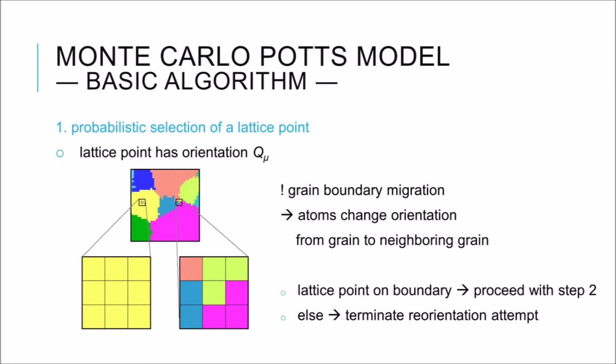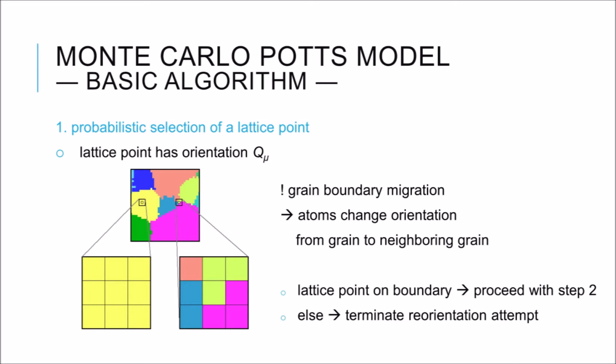Now, we want to model grain boundary migration, where atoms or whole clusters of atoms change their orientation from a certain grain to a neighboring grain. Hence, if we look here on the left at this image, we see that there is this yellow grain, and we've picked precisely a lattice point completely within a grain.